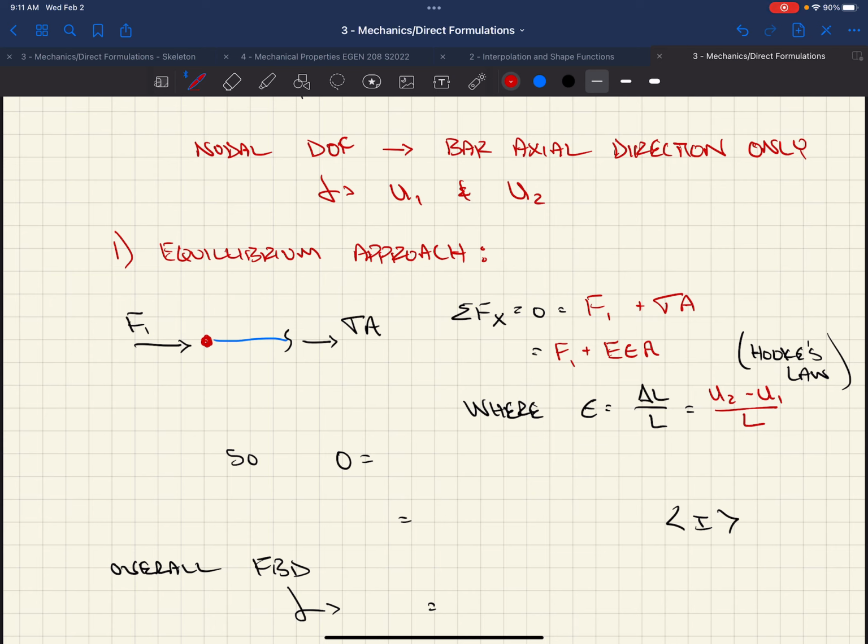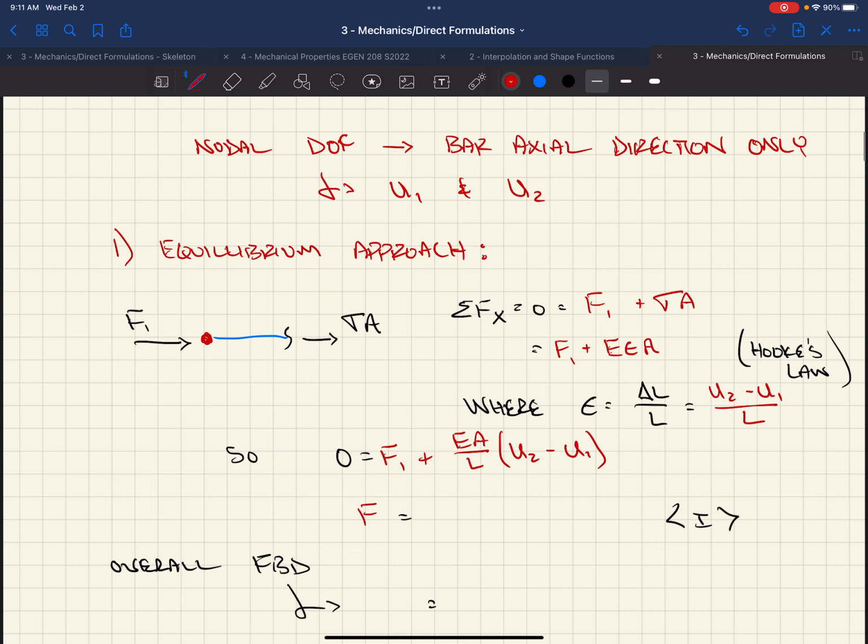If epsilon is U2 minus U1 over L, we end up getting this equilibrium equation that then becomes EA over L times U2 minus U1. Rearrange it one last time. F1 now becomes EA over L times U1 minus U2.